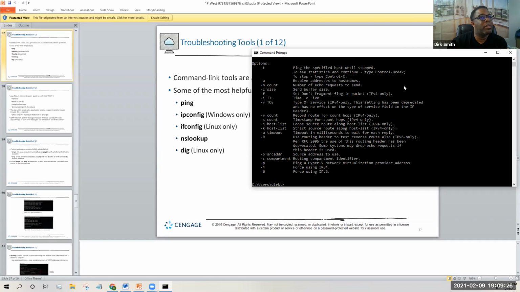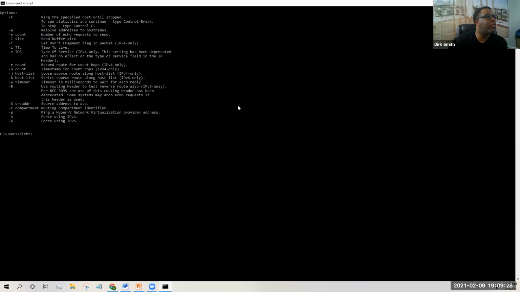So if you don't know what that command does, you hit the button and it tells you all the different switches you can utilize, if you want to look for timeout or record how many hops it takes to get there, and things of that nature. You could use the question mark, and you could do the same for the other one. What was the other one?